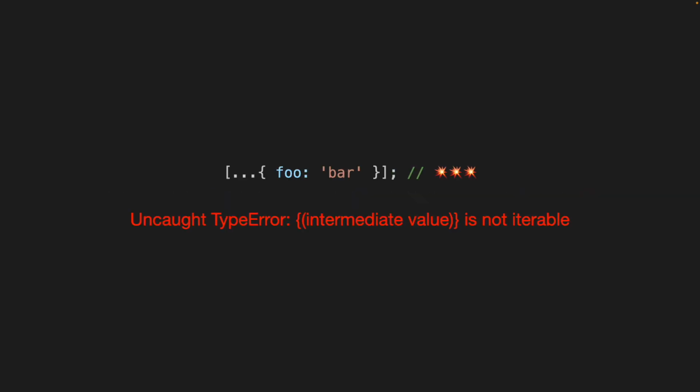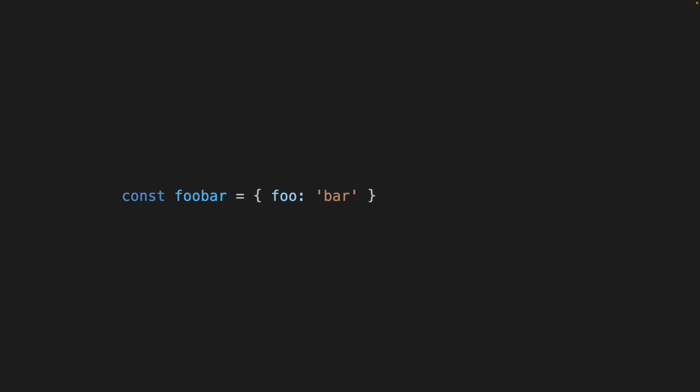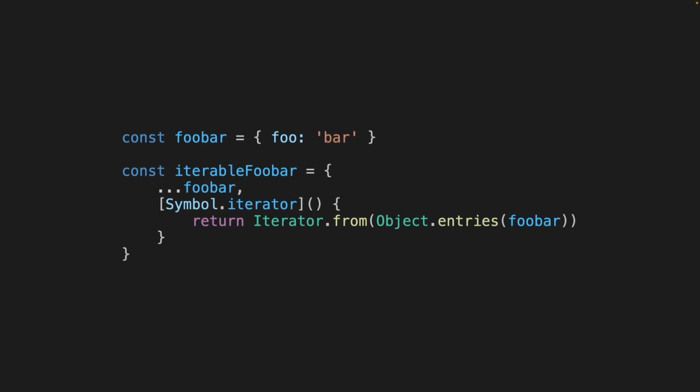So if we remember from before, where we had our foobar object, which threw us a type error, it's actually not so hard to make this iterable, because we can just spread it into a new object and then use Symbol.iterator to implement the function, which in this case returns the iterator of the entries of the object.